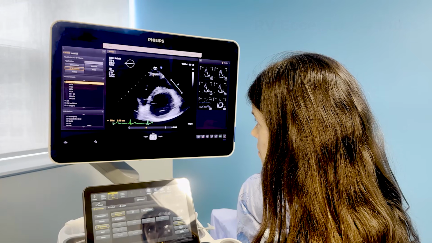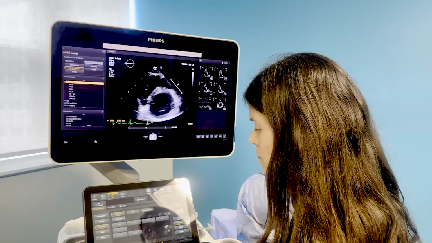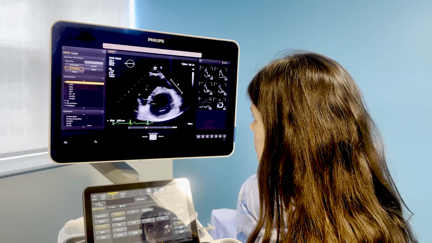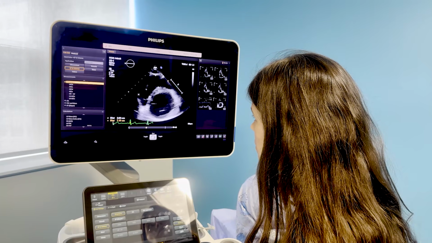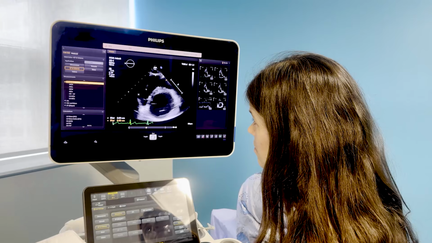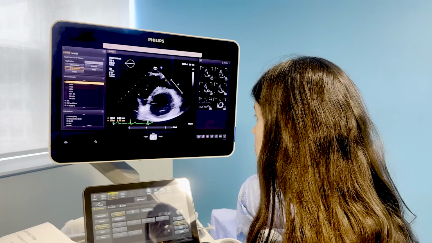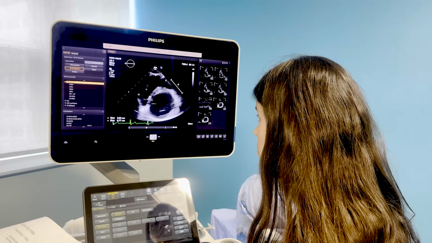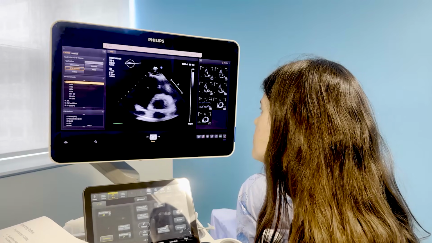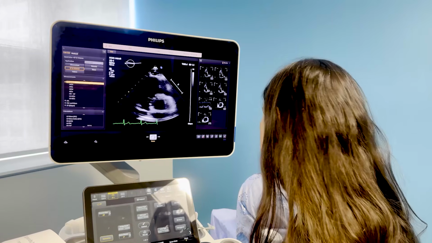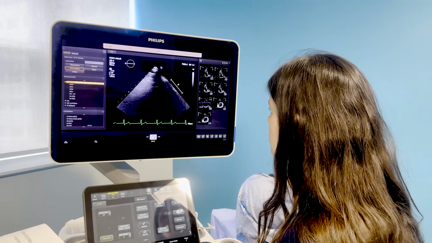Something like that, and then perpendicular to that as well. And we do similar measurements for the sphericity index in the RV-focused apical four-chamber view as well.